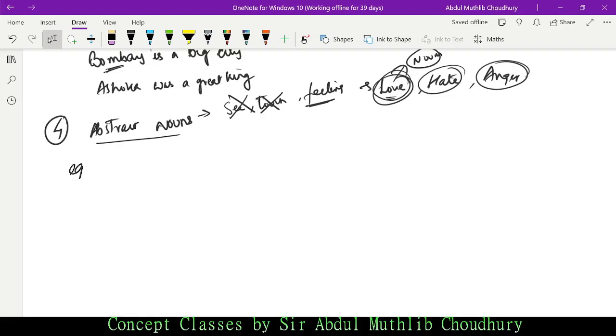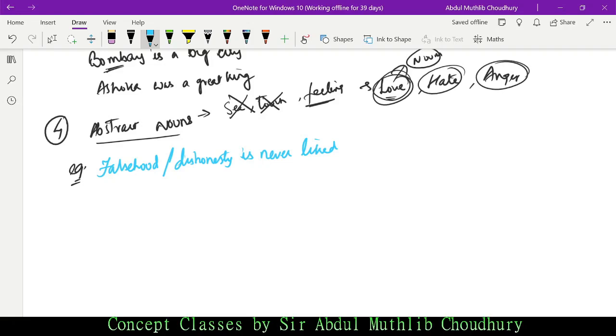So let me give you an example. Let me change the color of the ink first. Falsehood or dishonesty is never liked. If someone is dishonest, or if someone is not true while speaking, it is always disliked.